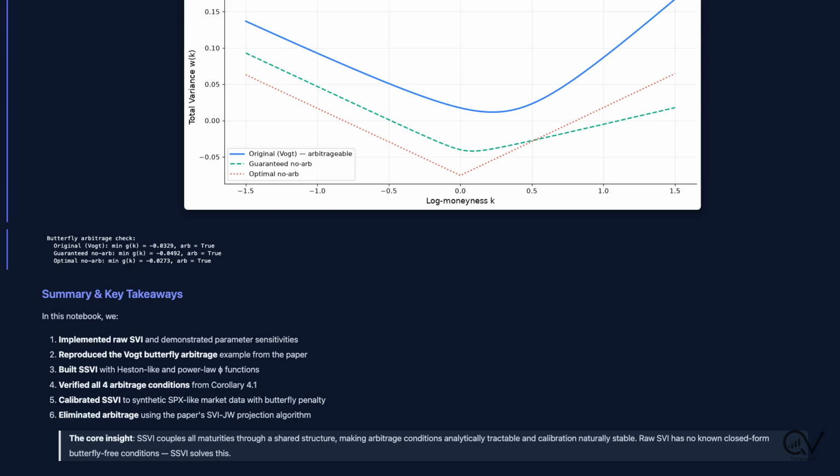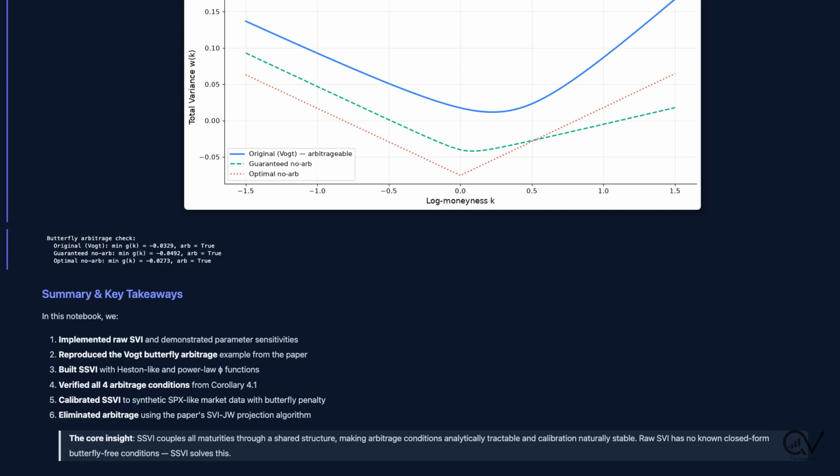The G function stays positive everywhere, but the smile shape is noticeably different from the original. The dotted red line is the optimal no arbitrage smile found by the fine optimization. It sits much closer to the original Vogt smile while still keeping G non-negative everywhere.